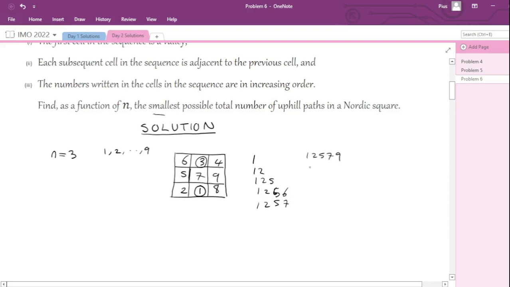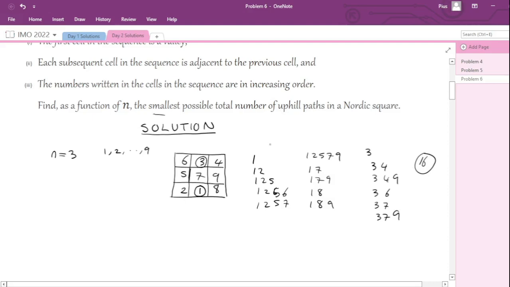We could have 1, 7, or 1, 7, 9, or 1, 8, or 1, 8, 9, or we could have 3, 4, or 3, 4, 9, or 3, 6. That was the end for that. Then 3, 7, and 3, 7, 9. So all in all, we get 16 different paths that we could make. That is the uphill paths. By paths we mean uphill paths.